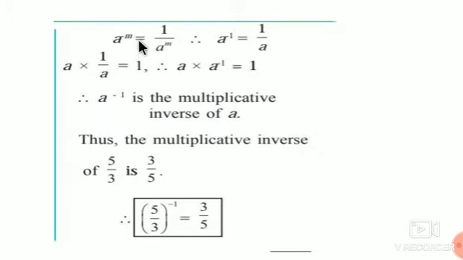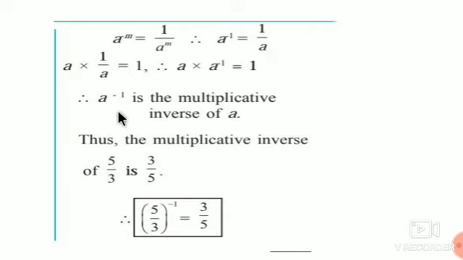Now a raised to the minus m is equal to 1 upon a raised to the m. This is minus m. So 1 upon a raised to the power m. Therefore a raised to the minus 1 is equal to 1 upon a.